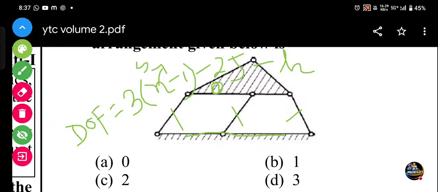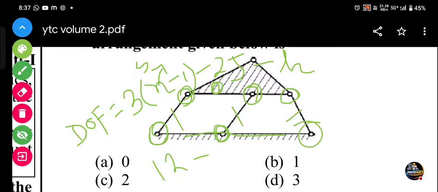So 5 minus 1 is 4, 4 into 3 is 12, minus 2 into j, the number of joints where relative motion occurs. This is one joint, two joints, three joints, four, five, six joints.